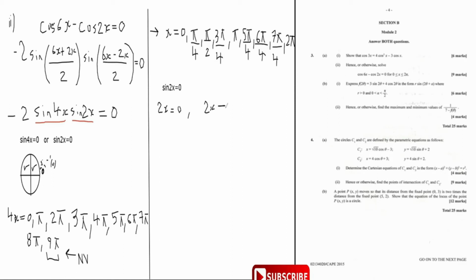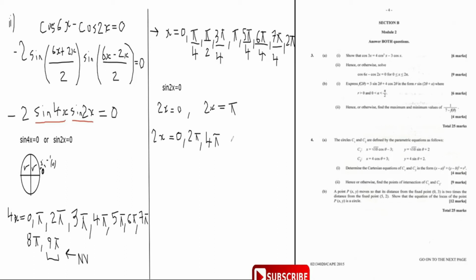Now we can go around the circle one more time. By going around the circle one more time, we get 0 plus 2 pi, which is 2 pi. We can go around the circle one more time to get 4 pi, and then we stop there.